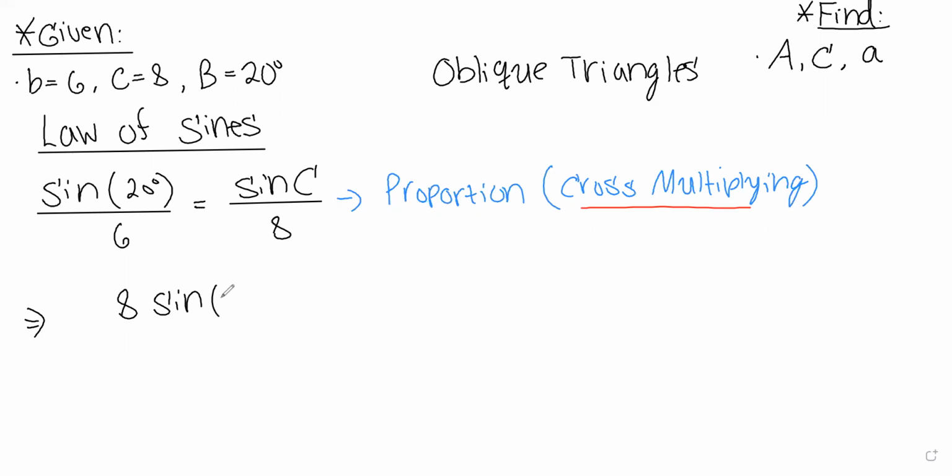So 8 times the left side would be equal to sine C, but I could isolate C by taking inverse sine of both sides.